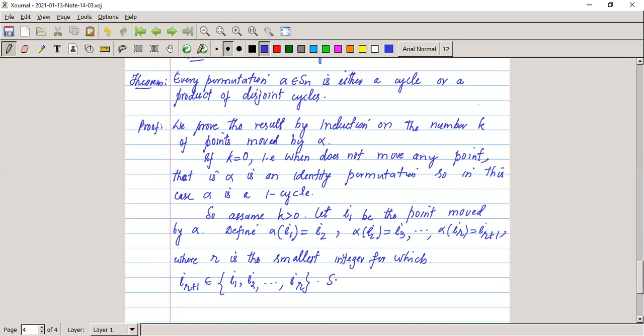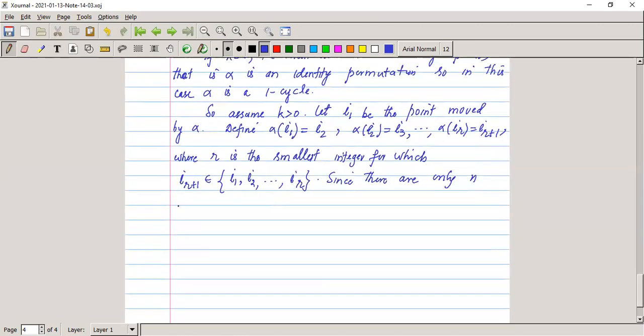So let's make that statement here. Since there are only n possible values, the list I1, I2, and so on, Ik, must eventually have a repetition.